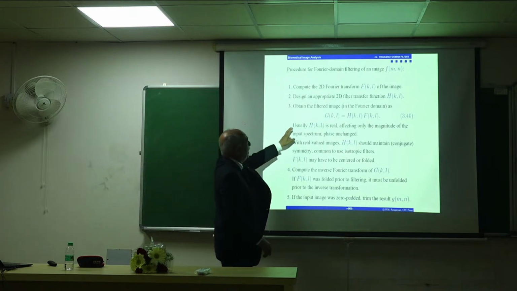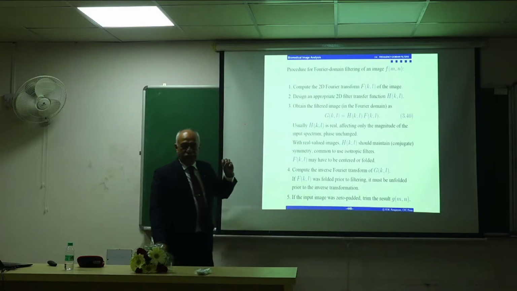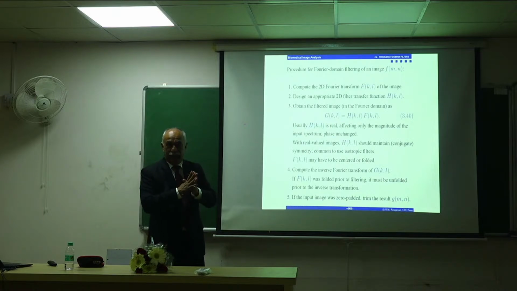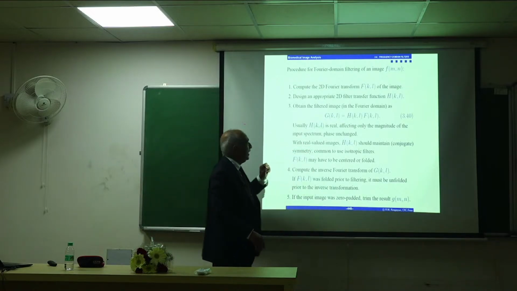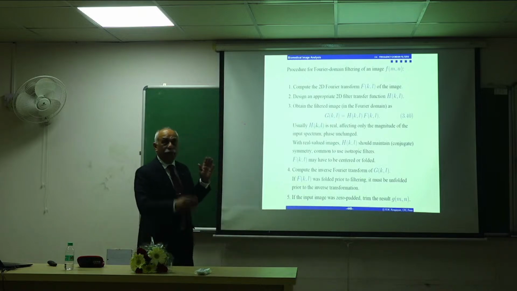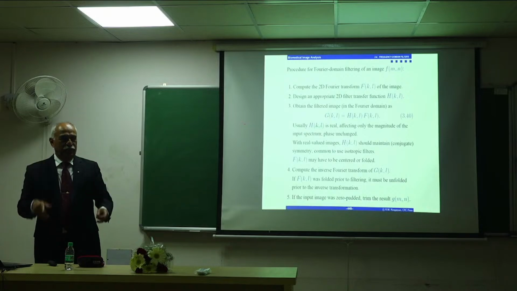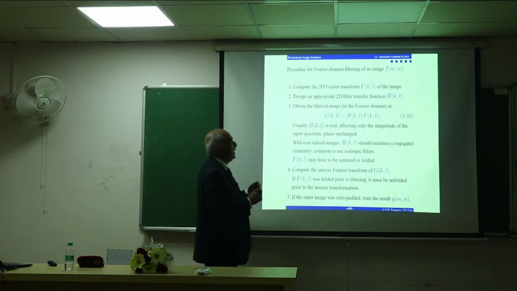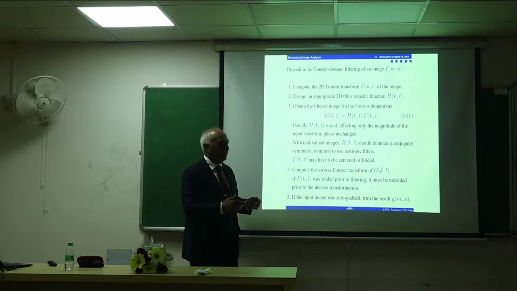So usually H(k,l) is real, affecting only the magnitude of the input spectrum. You don't change the phase. If you change the phase, the output could be affected in manners that are hard to predict and distorted. With real valued images, H(k,l) should maintain conjugate symmetry. So the filter function has to be symmetric. The input image is real, so its Fourier transform has conjugate symmetry. So H(k,l) must be conjugate symmetric, but it is real, so it will be symmetric.